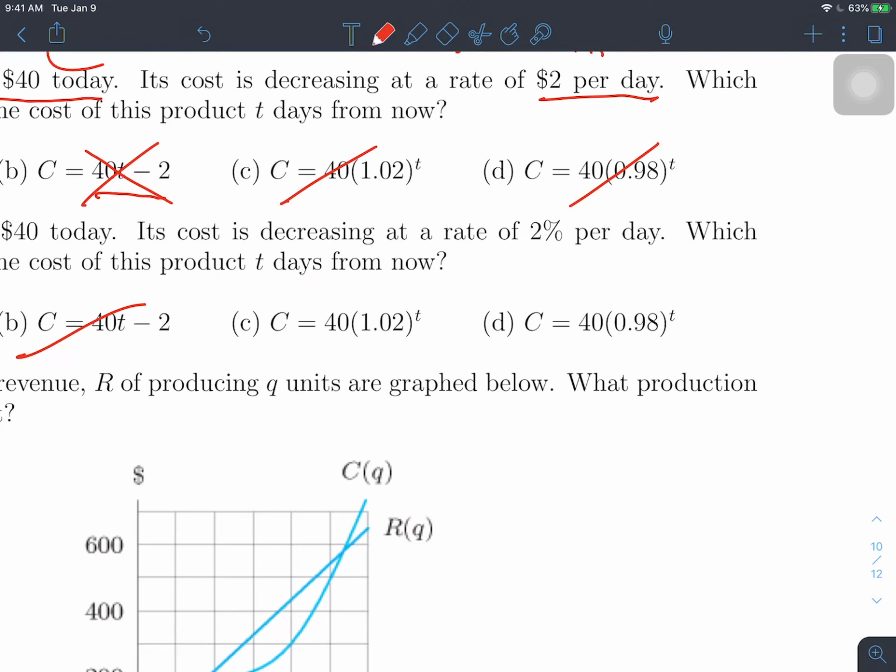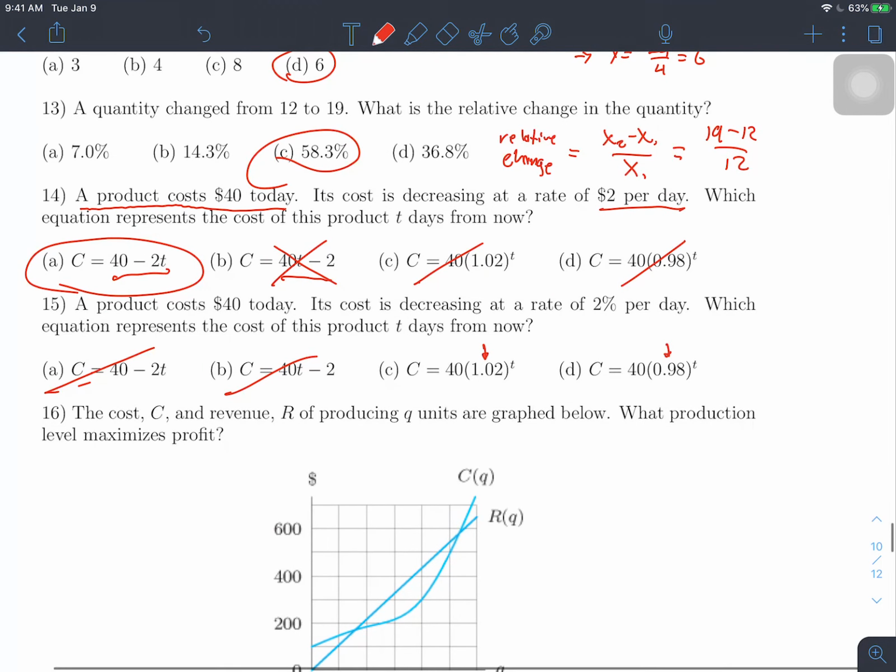And the answer really comes down to this value which is inside our parentheses here, 0.98 versus 1.02. Well, 2% is initially making me think, okay, 1.02, yeah, 2% and 1.02 make sense together. Those look like the same number. But this is tricky, okay?